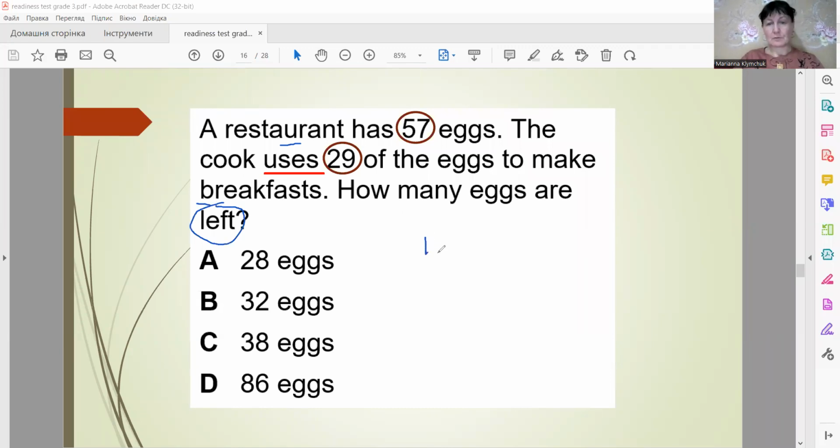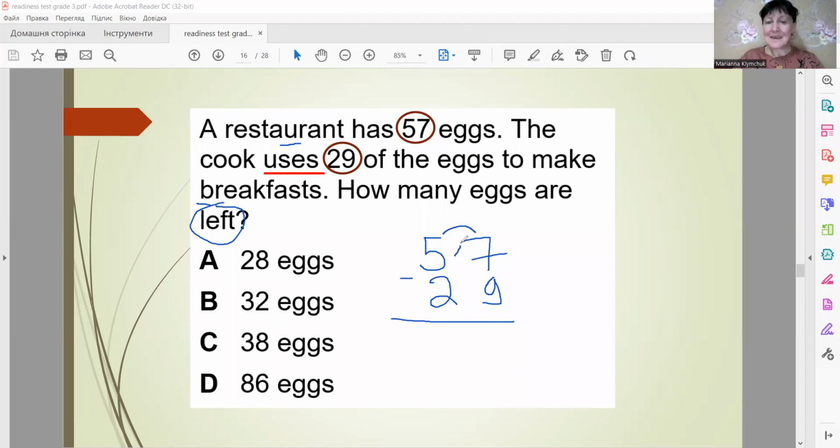Here we need to solve. 57, let us review how we solve. 57 minus 29. Okay, ask yourself the question. Can I do 7 minus 9? No. I borrow 1.